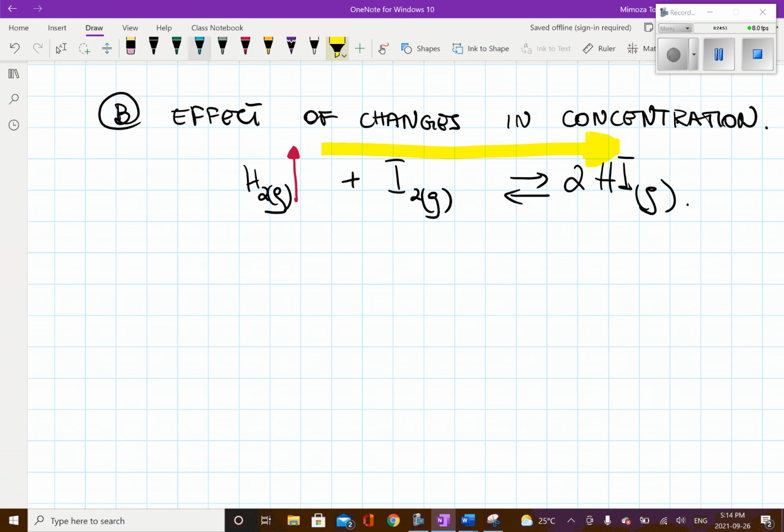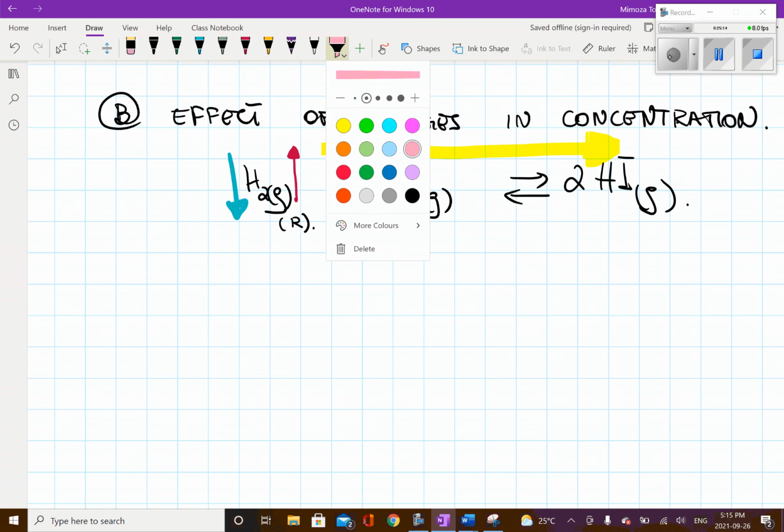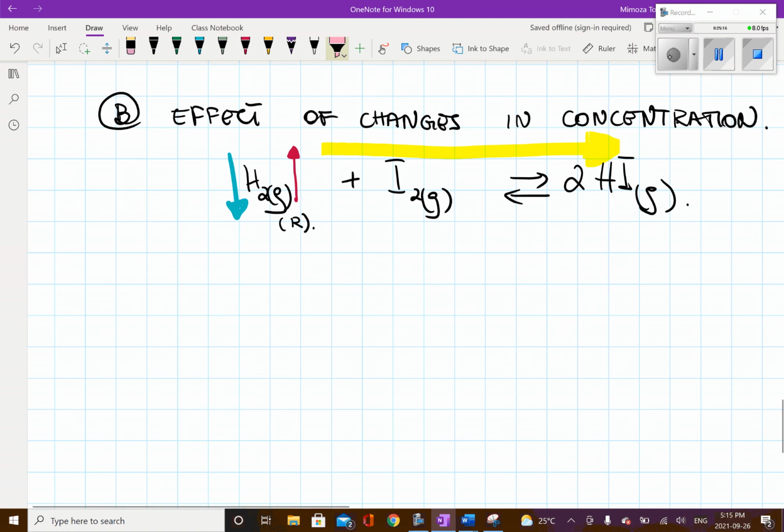So this will be, well, right here, to the right, okay? Now, what I do is I say, no, I will decrease the concentration of the H2. Then the system will say, no, you should not introduce those changes to me.